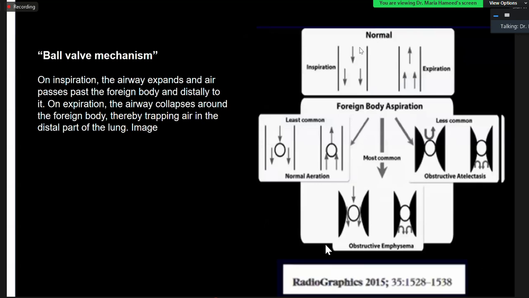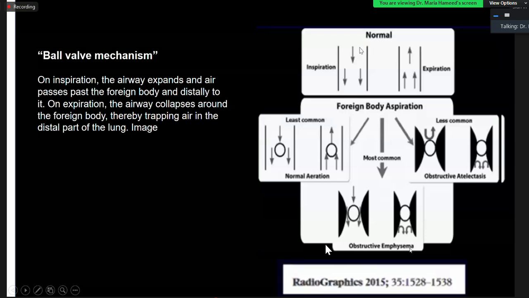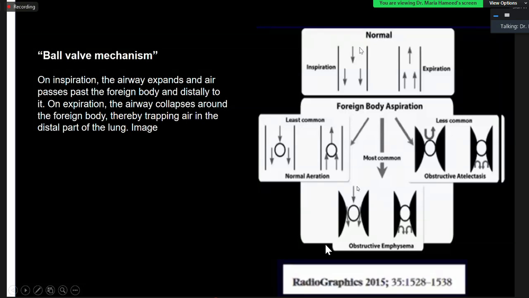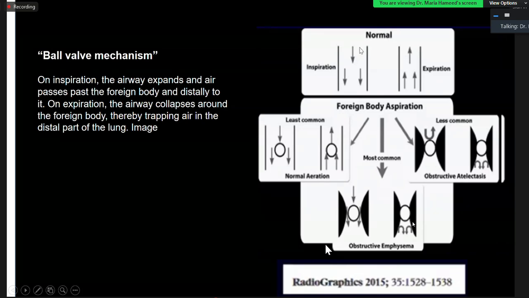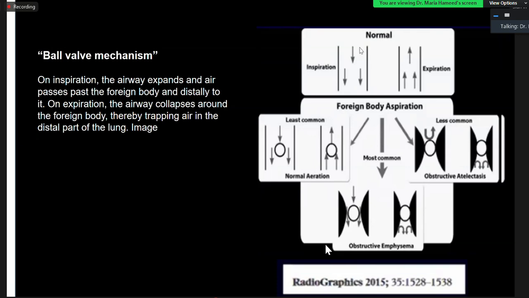This is a very nice illustration I found while making this presentation, from RadioGraphics. They beautifully describe the obstructive emphysema pattern, the ball valve phenomenon we expect. Air is going in, but air is not going to pass out. It is trapped, leading to mass effect and sometimes obstructive emphysema in the distal airways.